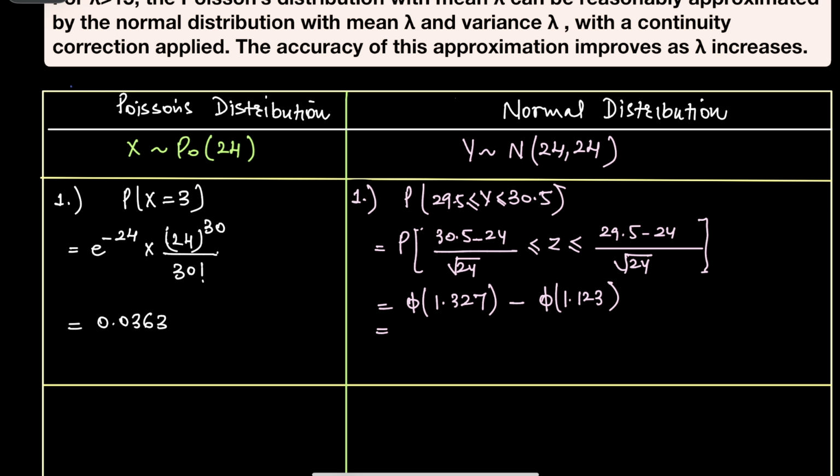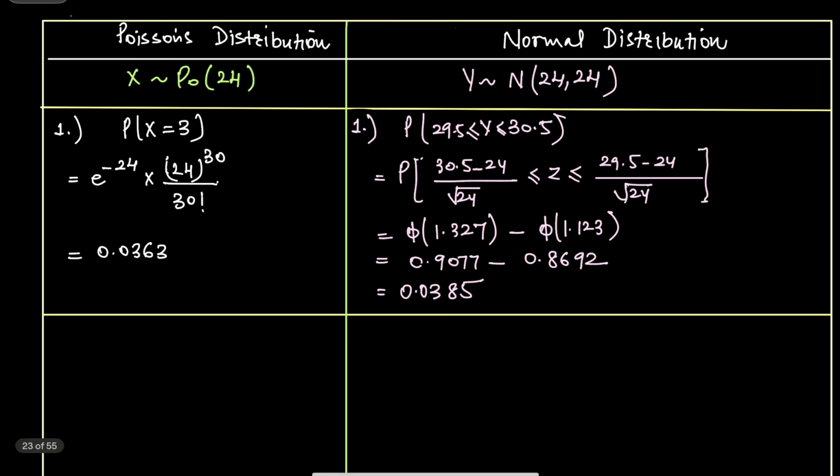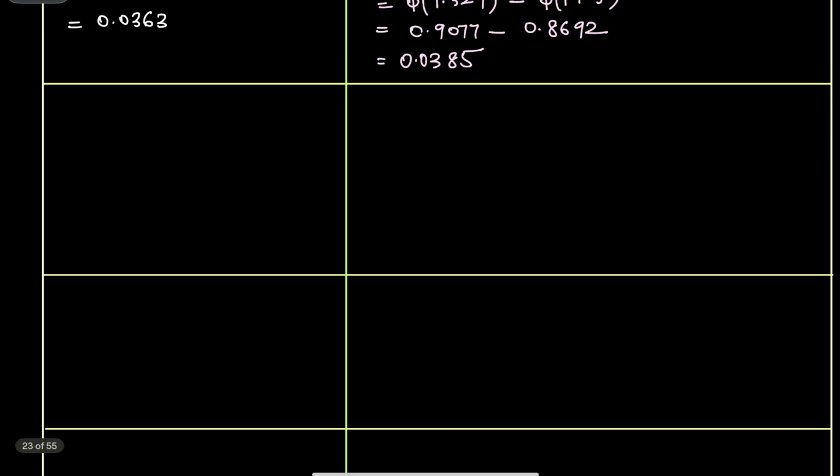When we calculate these values, we get 0.9077 minus 0.86792, and when solved using the calculator, we get the final answer as 0.0385. Let's move on to understand some other examples of the same type.